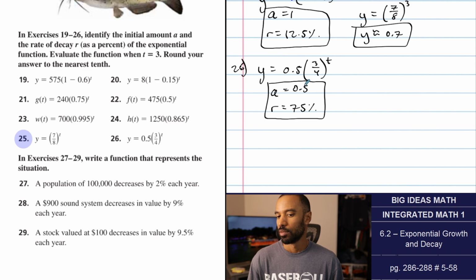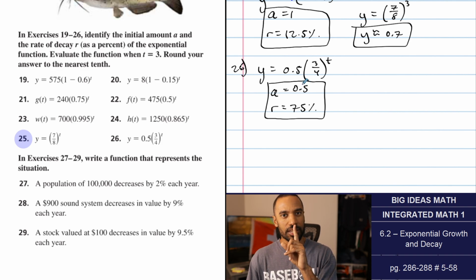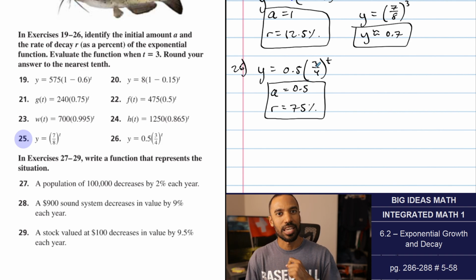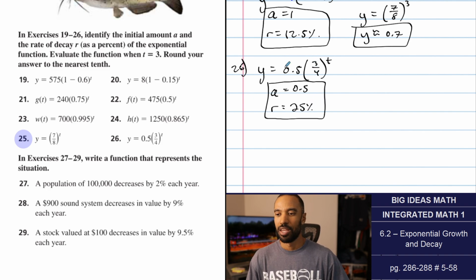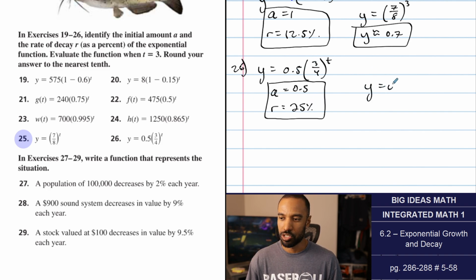So we got that. Oh, hold on a second. 75% is how much percent off? 25% off. Whoopsie. Maybe I should have written it to remind myself that that's what we're doing. It's not just 1 minus R is 75%, but R is 25%. Now, we are calculating with this in mind. 0.5 times 3/4 to the third power.